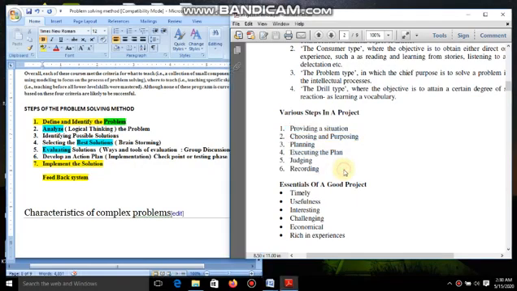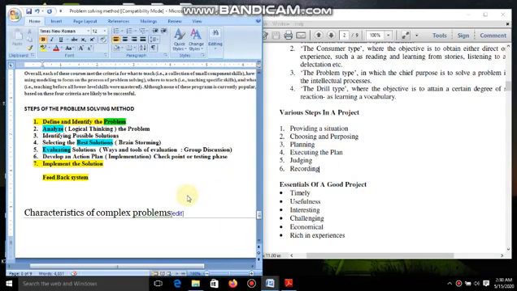So if you really understand the project method, we have already discussed it, but not enough until these concepts are brought into practice. But at least for today we can try to understand that the problem solving method has a real identity, much different from the project method.